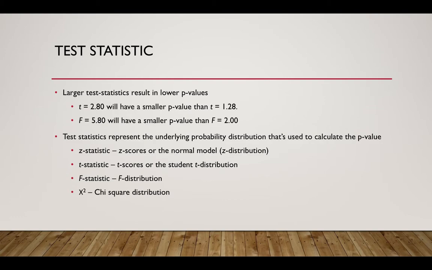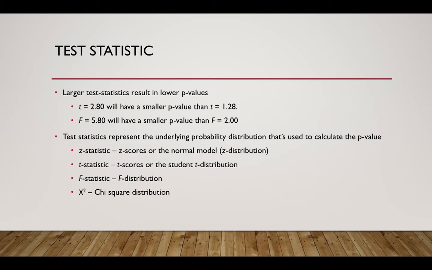I'm going to show you on R how to calculate p-values in the next video. But right now, what I want you to know is that test statistics represent the underlying probability distribution that's used to calculate the p-value.